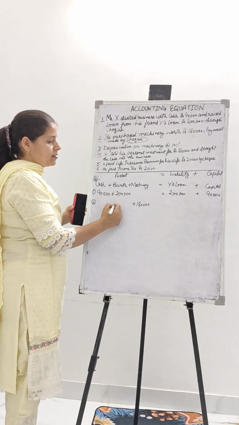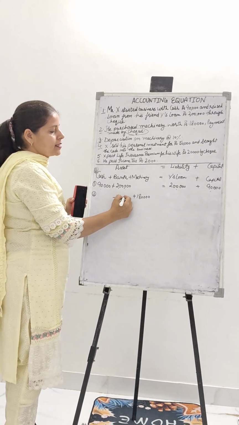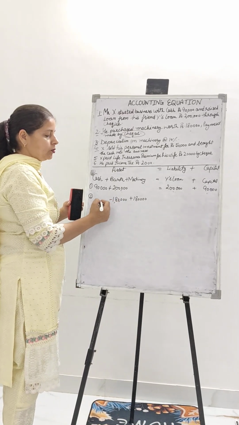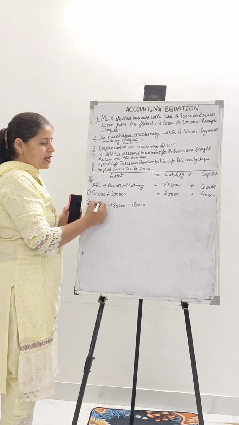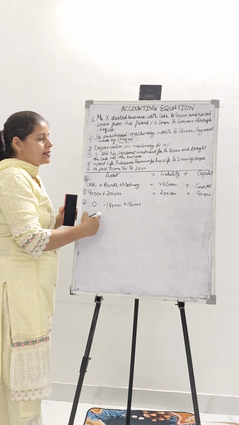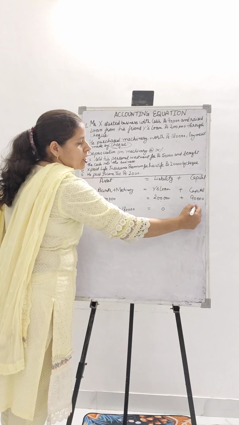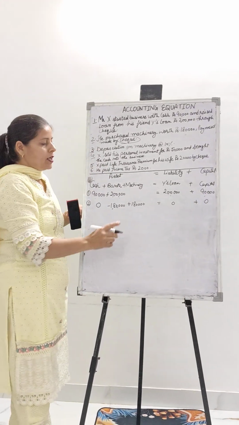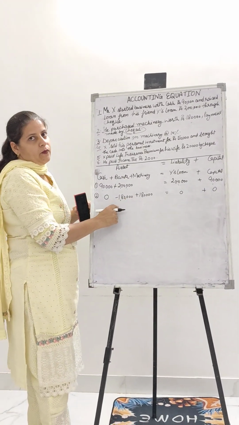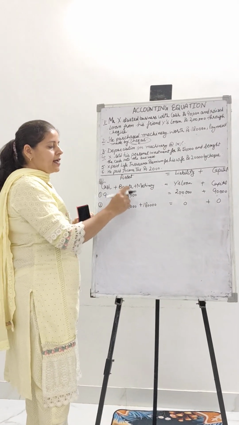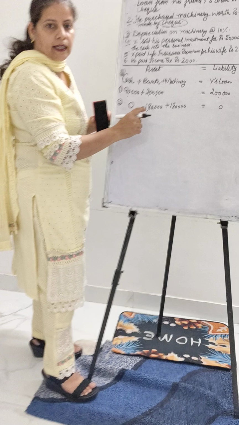So money is going from his bank account, that is 1 lakh 80,000 here. Zero change in your cash balance, zero change in your loan amount, zero change in your capital account. Machinery came in, payment was made through check, so machinery is added in assets and payment is made from his bank account.